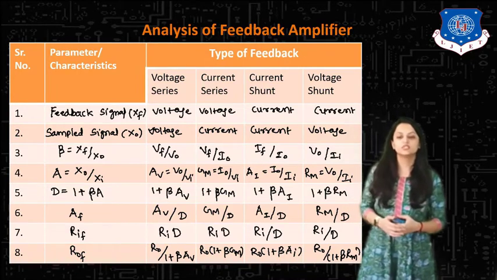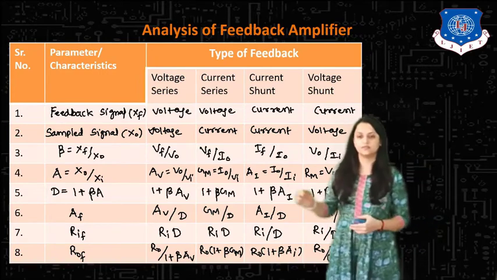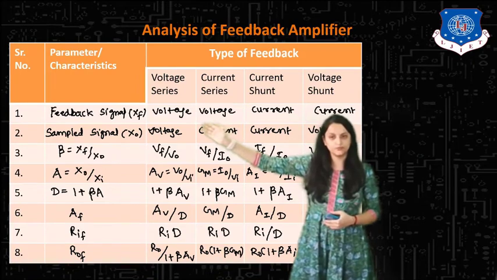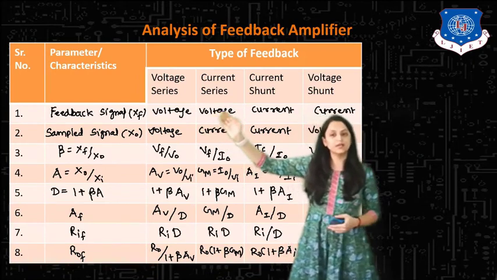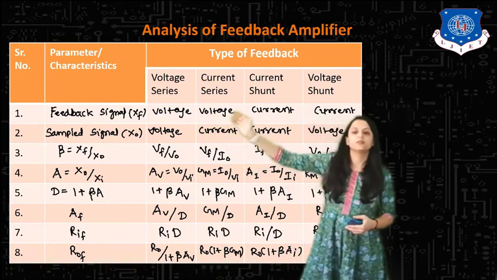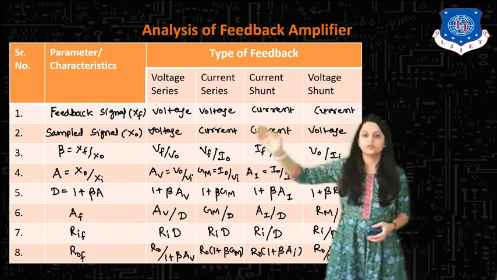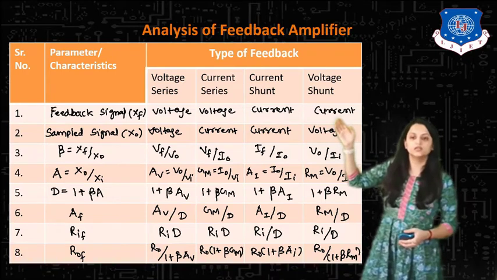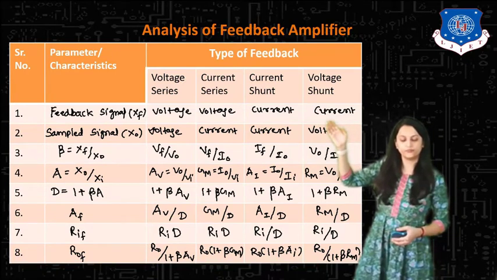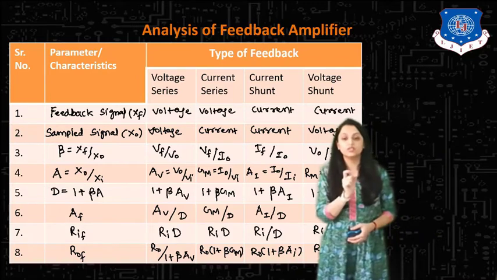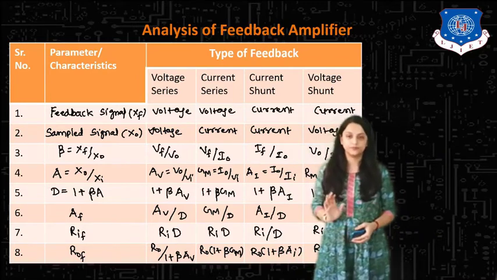So, first one is feedback signal, that is XF. So, for voltage series, the feedback is what? Voltage. For current series, in the feedback network, feedback is voltage. For current shunt, the feedback signal is current. Here, in voltage shunt, the feedback signal is current. Okay. So, remember that here the feedback signal depends on the word shunt or series.